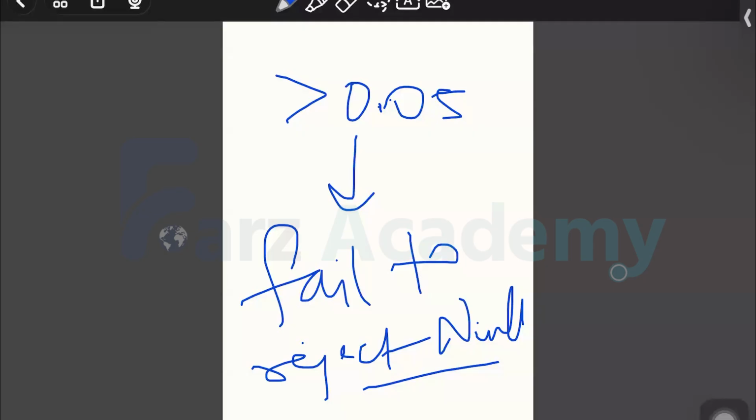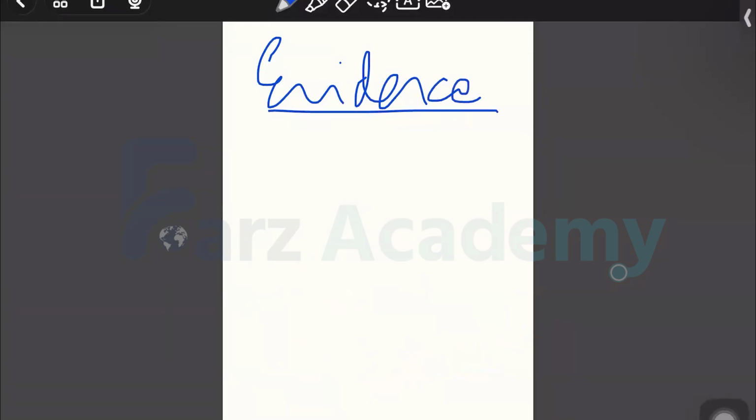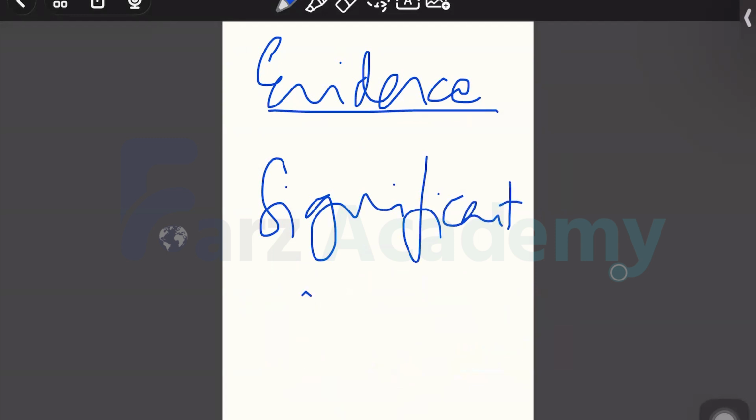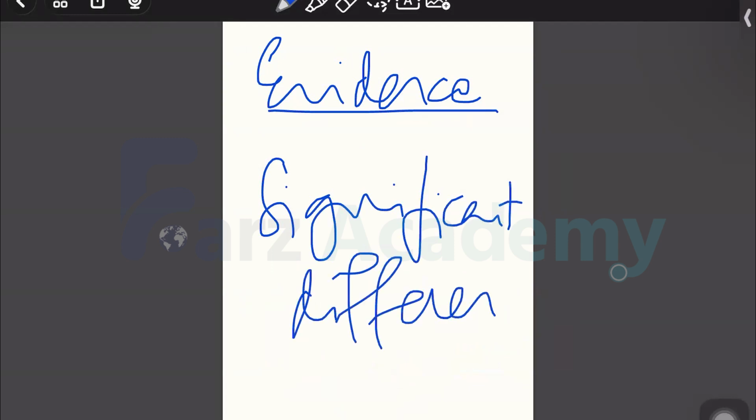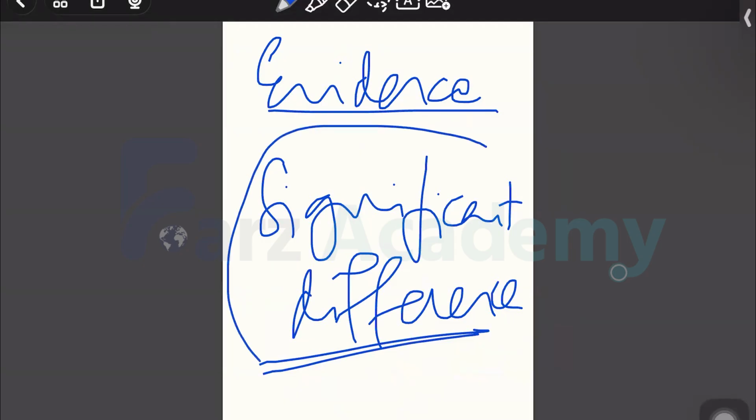That means what? There is not enough evidence here because the error is so high that now you do not have enough evidence in the study or enough proof in the study to conclude a significant difference, right? Only then, only if your study is very significant, errors are very less, can you comment that the two groups have significant difference.